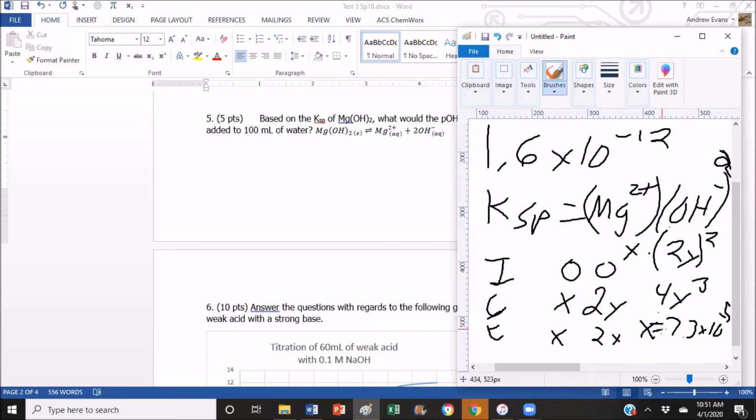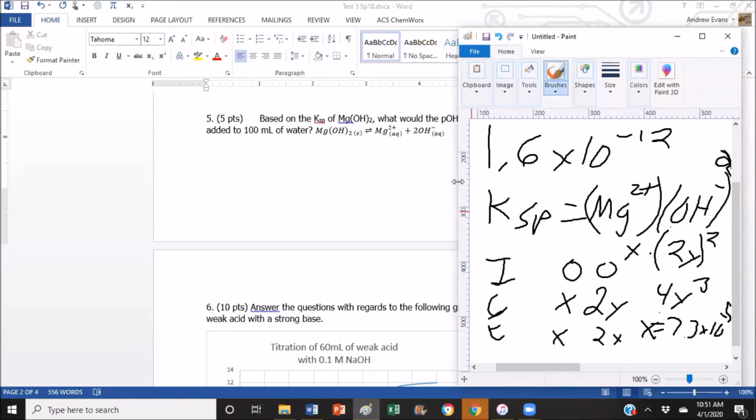Now, hypothetically, is the 50 grams going to give you a greater or less concentration than that? So 50 grams divided by my molar mass: magnesium is 24 and oxygen is 16. There are 2 oxygens, so 32, plus another 2 from the two hydrogens, would give us 0.86 moles divided by our volume of 100 milliliters.